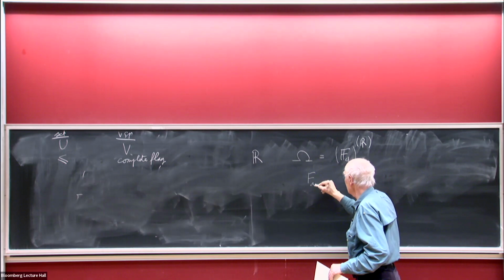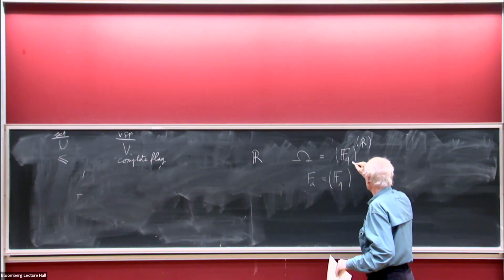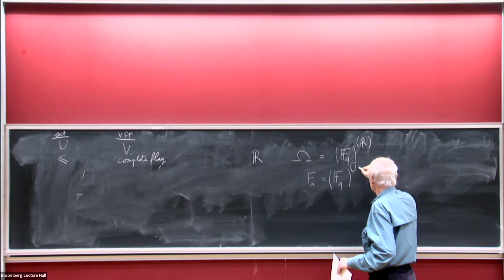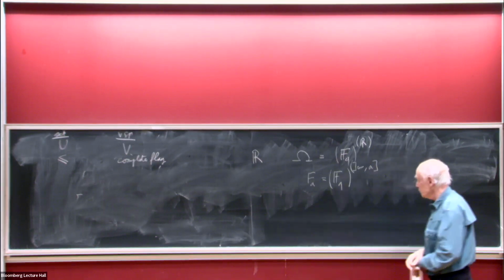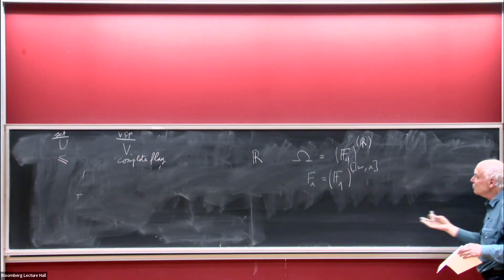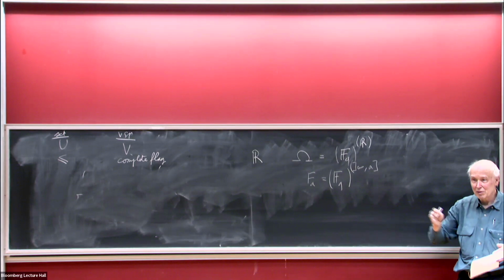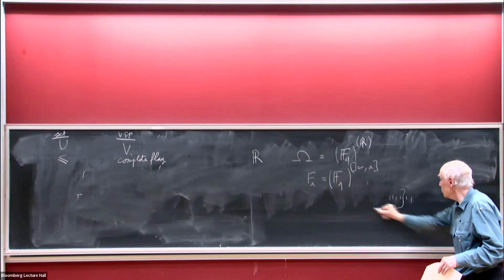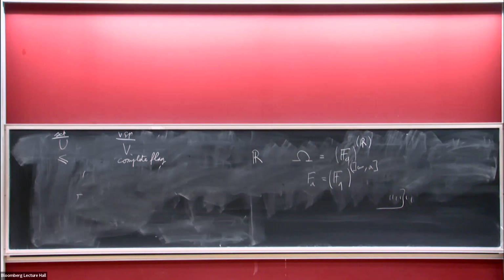For any real number A, you can look at the subspace F_q to the power of the semi-infinite interval up to A. And this family of subspaces is somewhat like a complete flag. So you have an infinite basis and you go up to somewhere, and those are the subspaces.